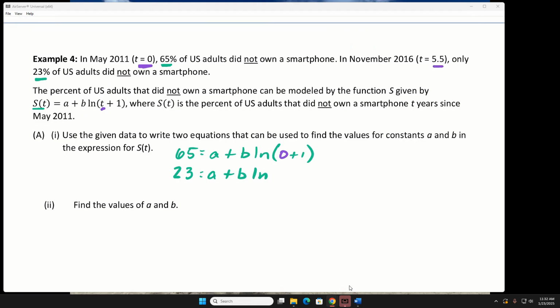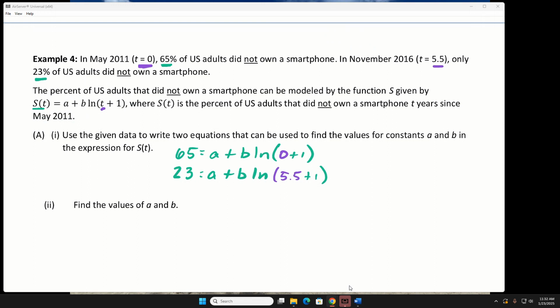And then 5.5 is going to be the t. Right. Now there is no need on that part to go ahead and add 0 and 1 or 5.5 and 1. Like I personally would just stop right there and not change anything else. You obviously can, but you get that point for leaving it unsimplified.